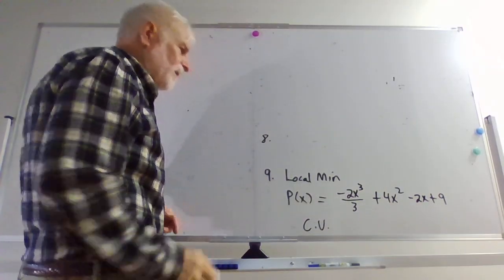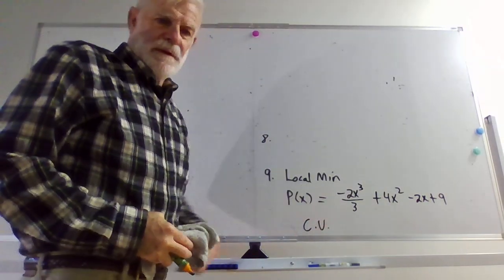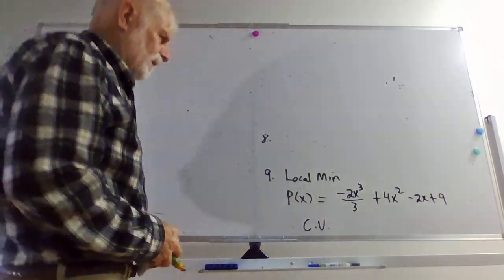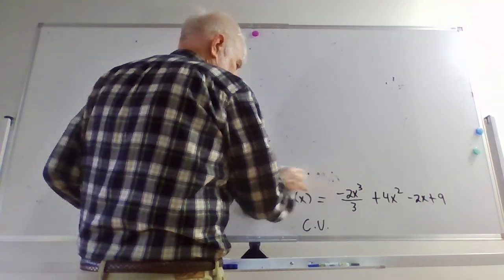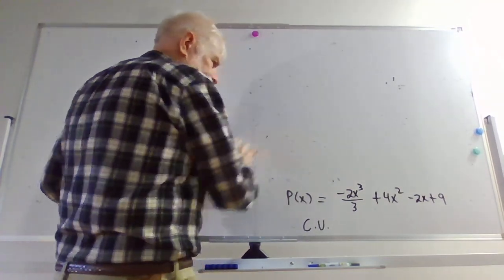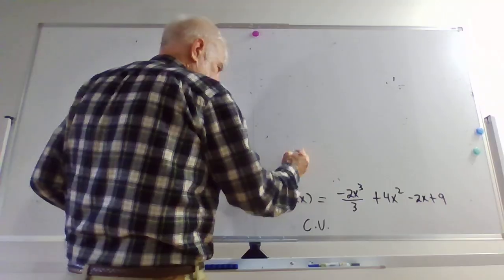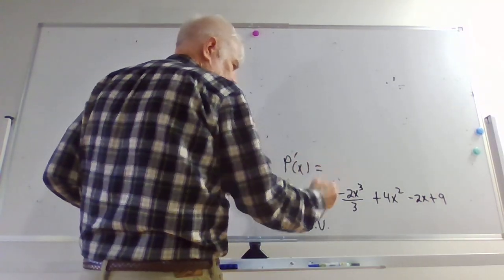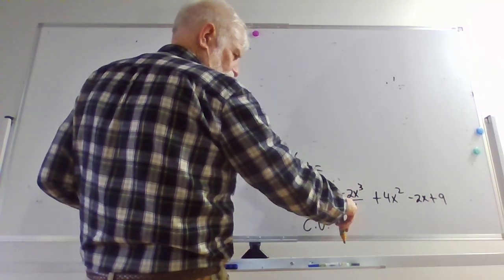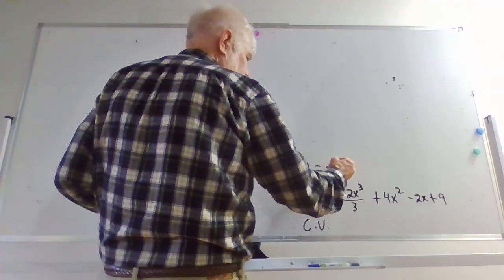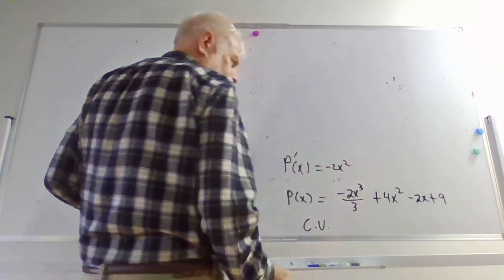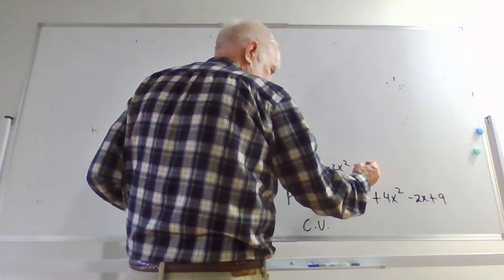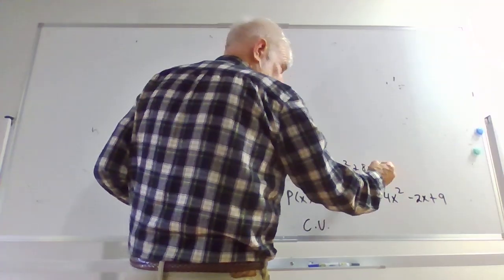All right, local min for this cubic. Okay, so we've got to get p prime of x, which in this case is multiplied by 3, 3's cancel, minus 2x squared, plus 8x, minus 2.